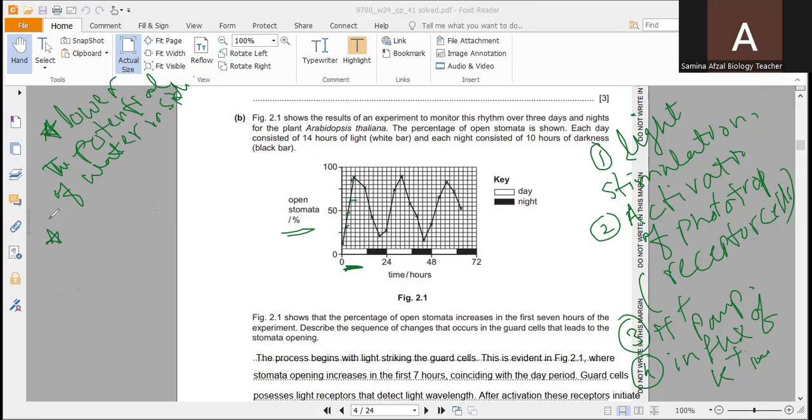So due to the water potential gradient, water will move into the guard cells.